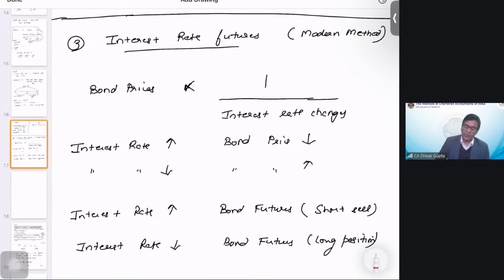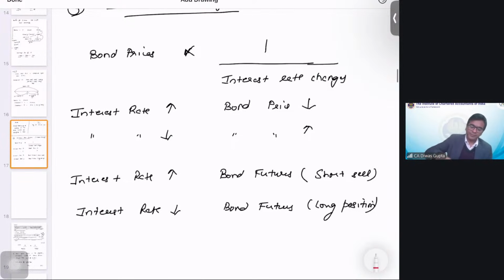Okay, if you want to say that if the interest rate increases and you want to gain, which position you should take. So you want a situation where if the interest rate increases, you gain.